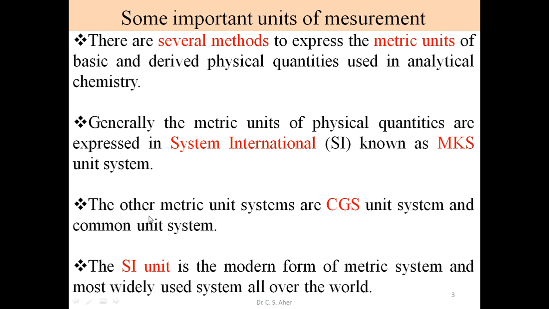There is another metric unit system, the CGS unit system, also called the common unit system. But the SI unit is the modern form of the metric system and the most widely used system all over the world.